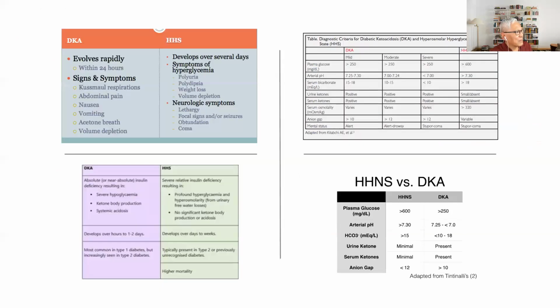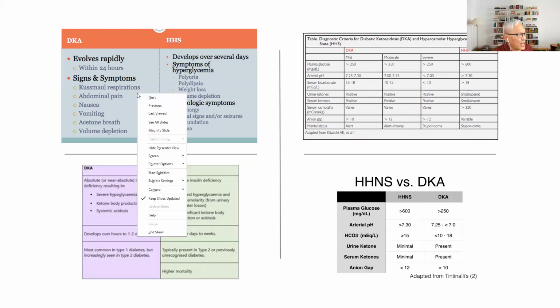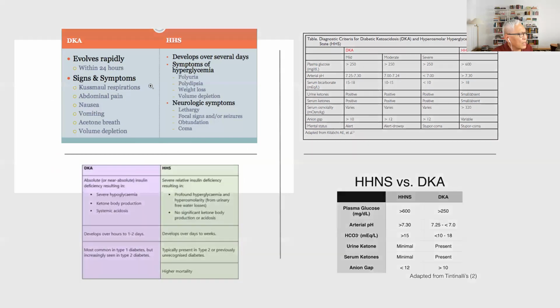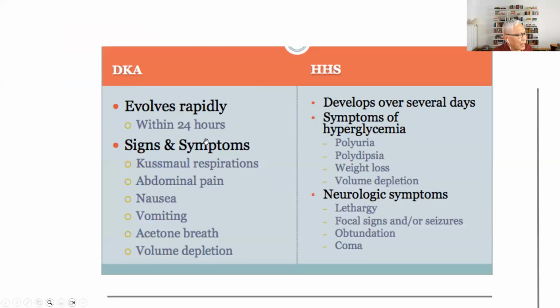All right, moving further, let's take a look at the difference between diabetic ketoacidosis and HHS. Let's look at this particular part of the slide. DKA evolves rapidly.